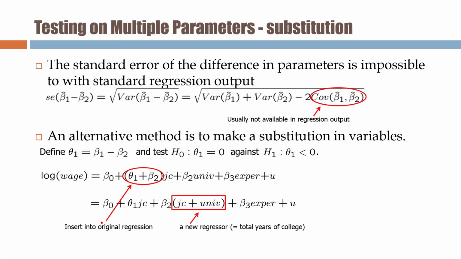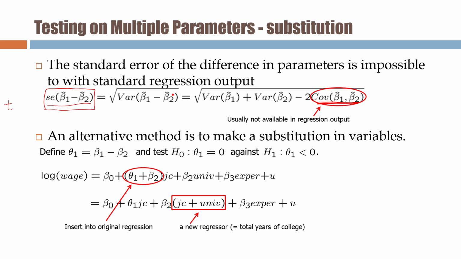Right? So to calculate the t value, we need to calculate this one. But because standard error is like a standard deviation, we have to calculate the variance of this subtraction. Then we have to find out this covariance. But beta 1 hat and beta 2 hat are the result of one sample.